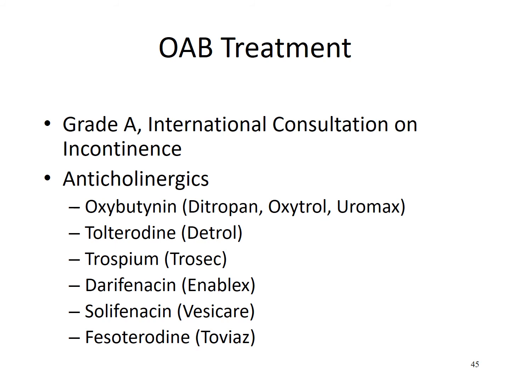There's more selectivity if you look at RX files, or in the study notes I've given you, more selectivity for muscarinic receptors such as subtypes M3 over M2. Oxybutynin is the least selective, but they all work. They all reduce the same symptoms and decrease incontinence episodes in people with overactive bladder.